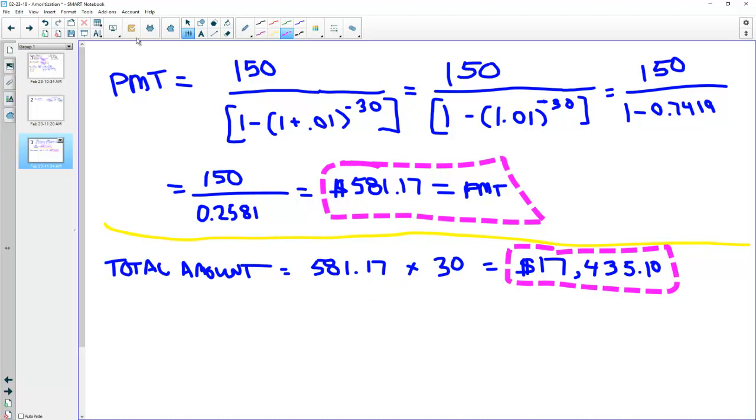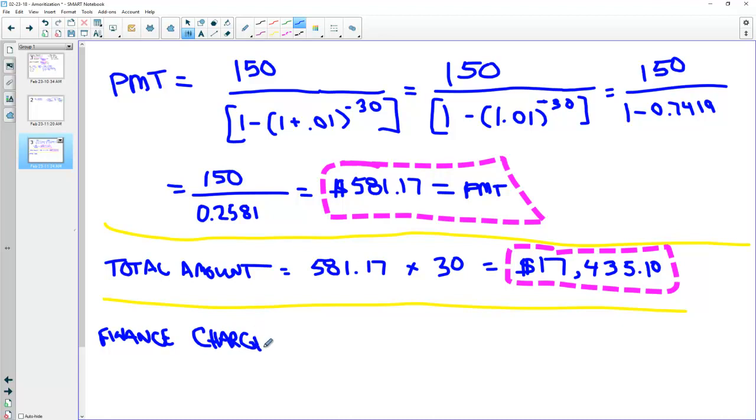And then the finance charge is going to be this number right here, which is 17,000, and then we subtract the principal.